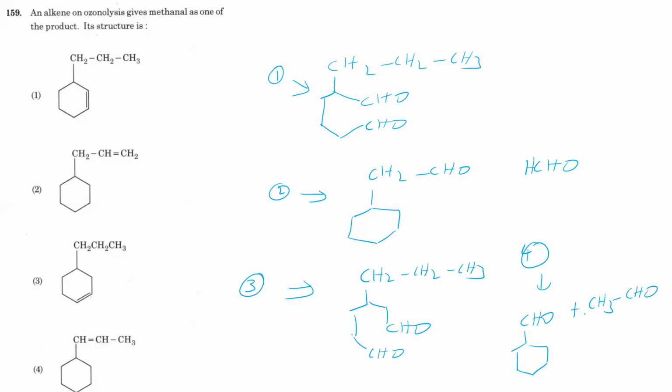Like this, you will get the product. They are asking where methanol is obtained; here methanol is obtained, formaldehyde is obtained here. Therefore, the answer for this question is the second option. We will take the next question.